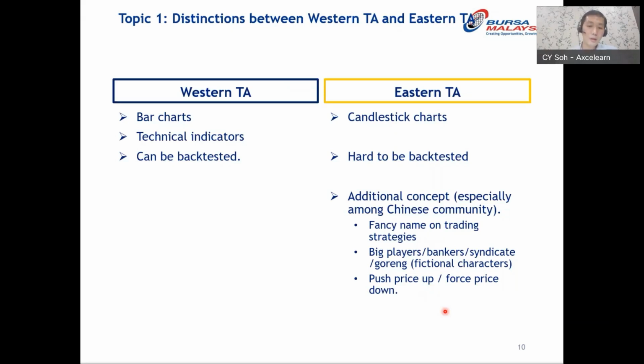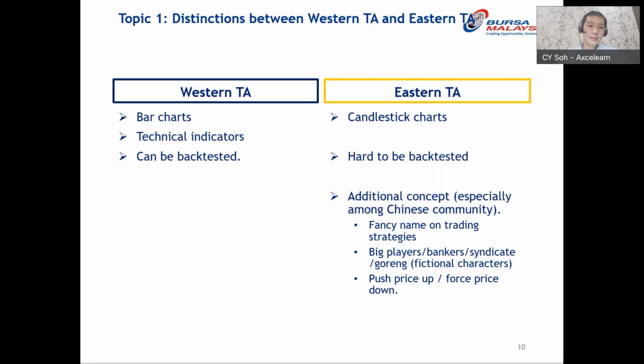When you have all of these concepts in your trading, it becomes a little hard to make progress, because whatever happens in the market, you would tend to blame the price movement on big players, the bankers, the syndicates. This is where you start to push away your responsibility and accountability for your own trading results. Okay, this is already developing a poor trading psychology that is not going to help you improve your development as an investor and trader.